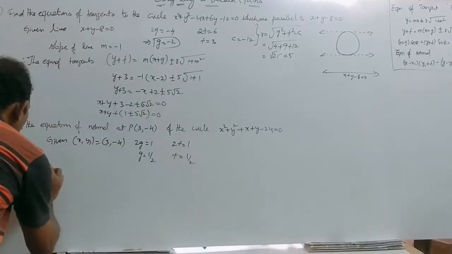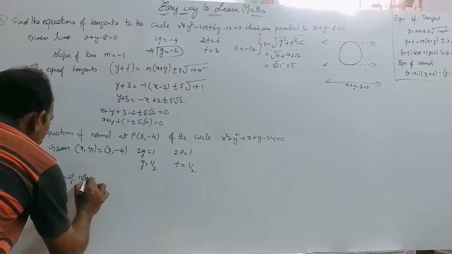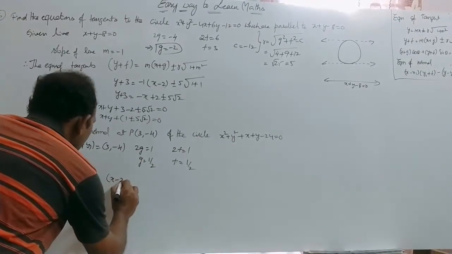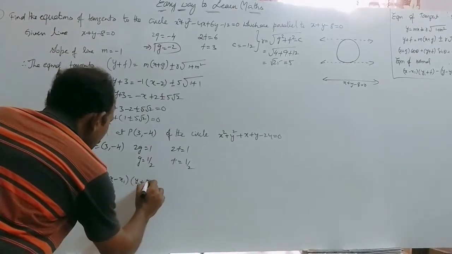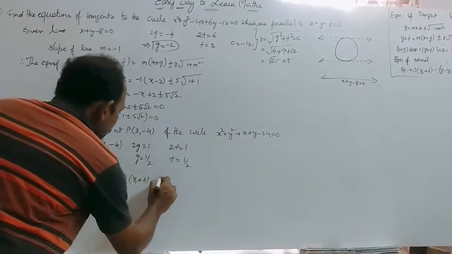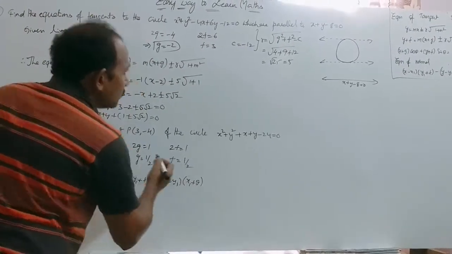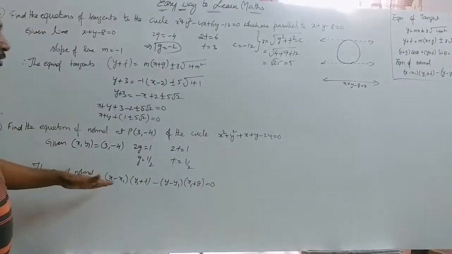Therefore the equation of normal. What is the equation of normal? (x minus x1) into (y1 plus f) minus (y minus y1) into (x1 plus g) is equal to 0. Now let us substitute all these values in this equation.